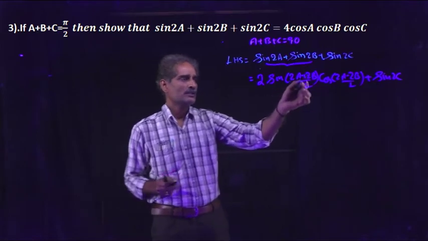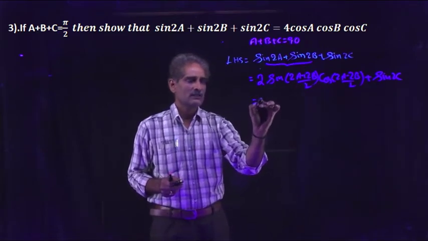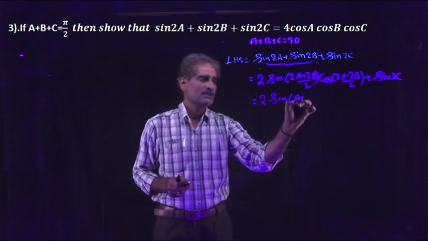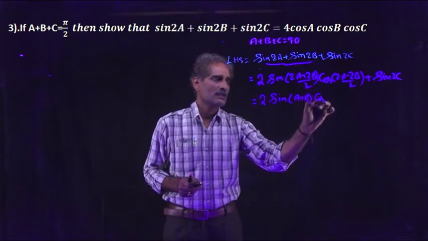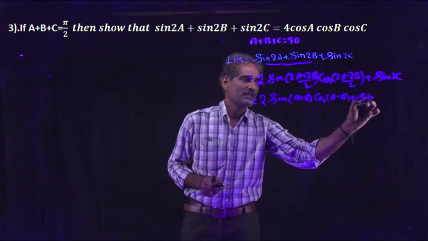Observe that the 2 will get cancelled here. Then we will get 2 sin(a plus b) cos(a minus b) plus sin 2c.